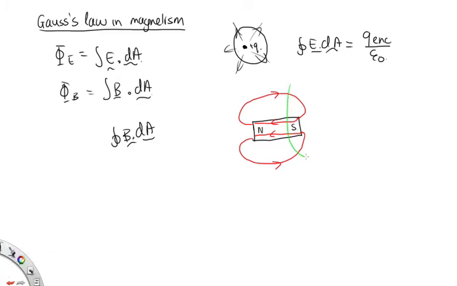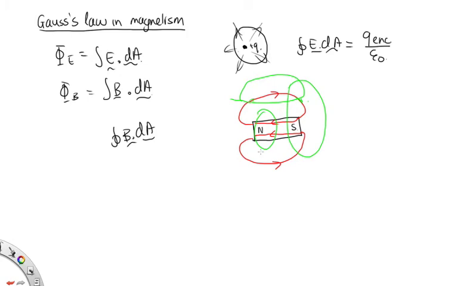If we draw a surface such as this, so imagine that this is a three-dimensional surface, then we've got two lines leaving and two lines entering. If we draw it up here, again we've got one line entering and one line leaving. If we draw a surface here, we've got two lines entering and two lines leaving.